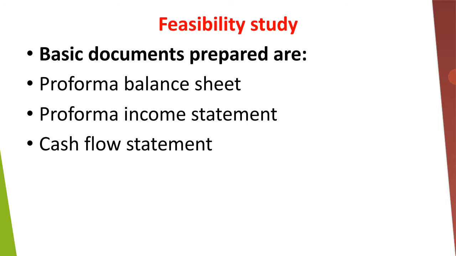Based on the total capital and based on the investments required, we can prepare pro forma balance sheet. And also we can predict what will be the cash inflows and what will be the cash outflows. Based on inflows and outflows of cash, sources and applications of cash, we can prepare a cash flow statement.